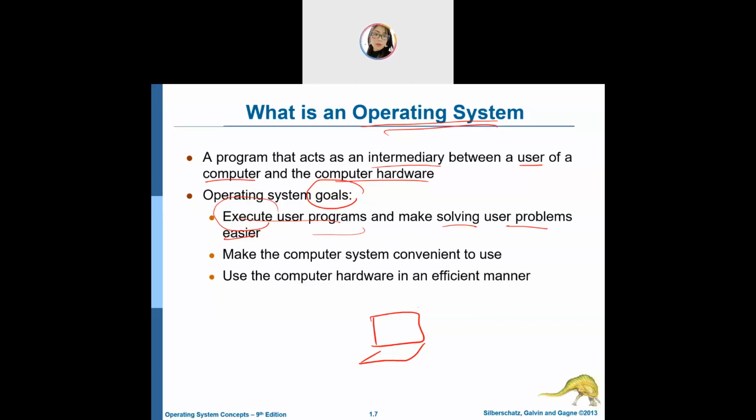I don't know, maybe you can develop one where all the programs are already installed directly and don't need any operating system. So who knows, right? So, make the computer system convenient to use, and use the computer hardware in an efficient manner.